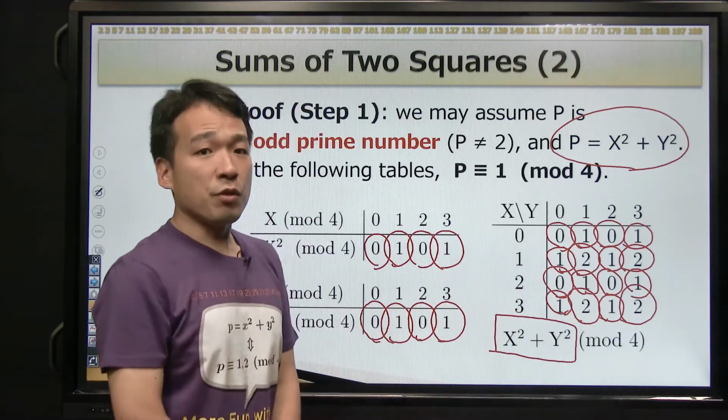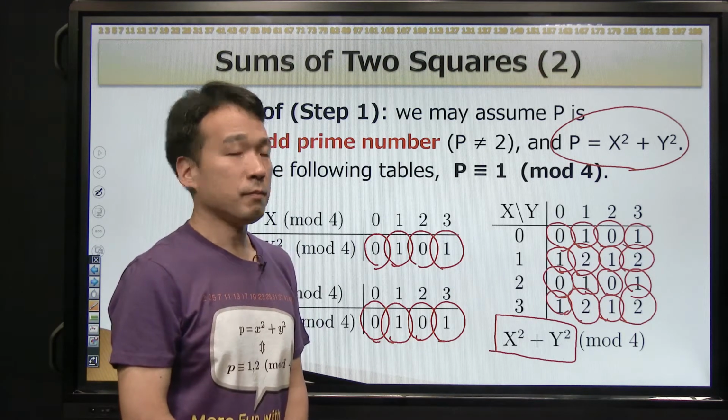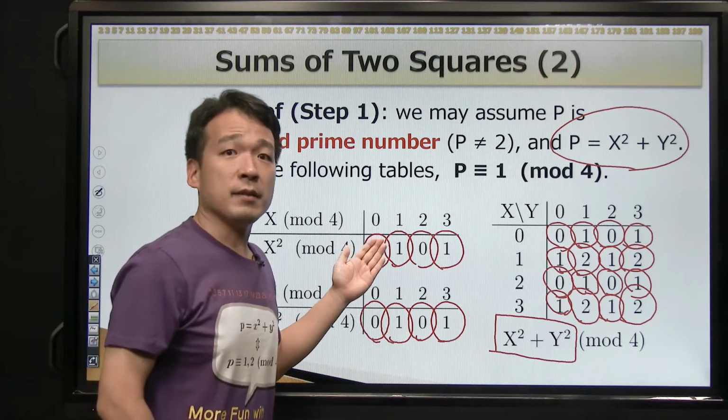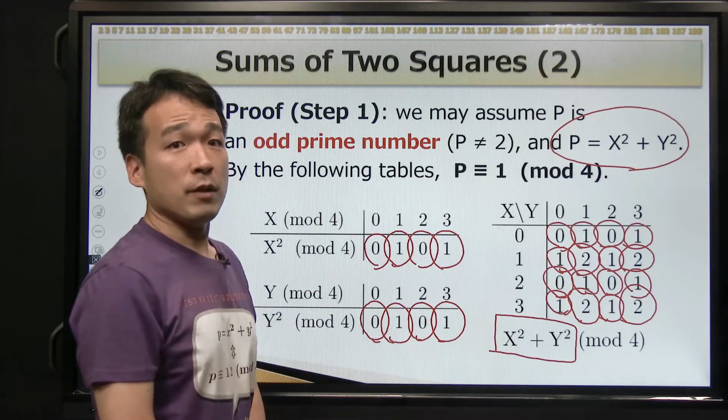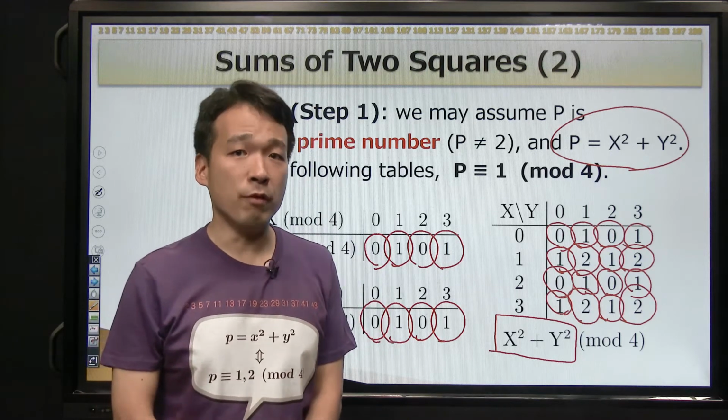It is not congruent to 3 modulo 4. Since p is an odd prime number, we conclude that p must be congruent to 1 modulo 4.